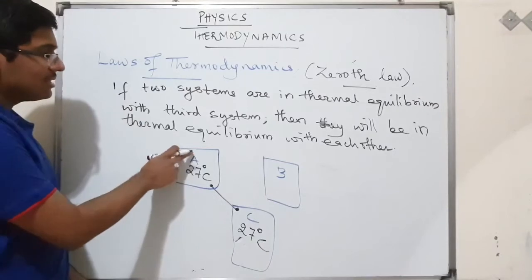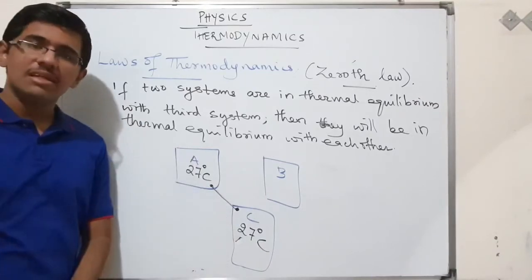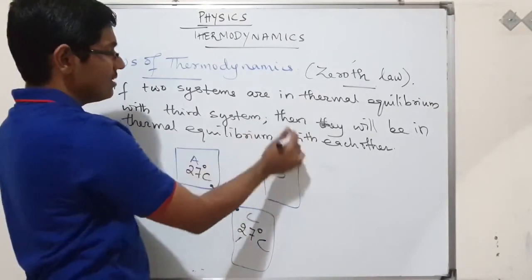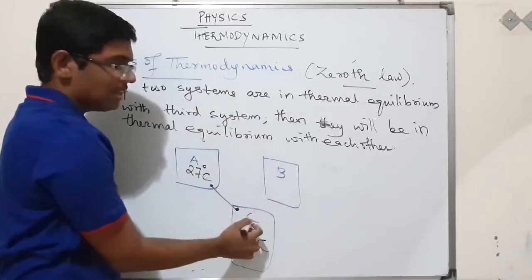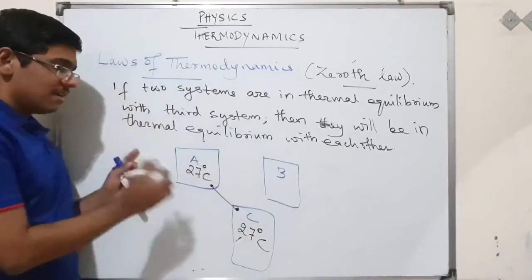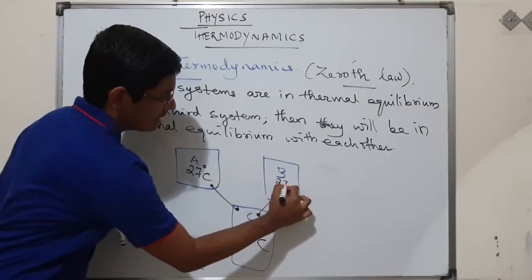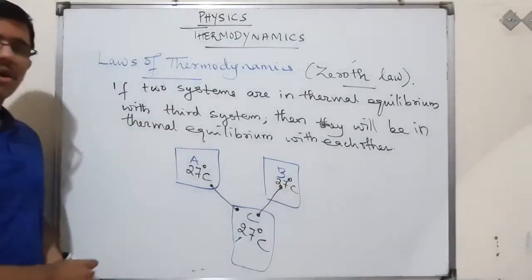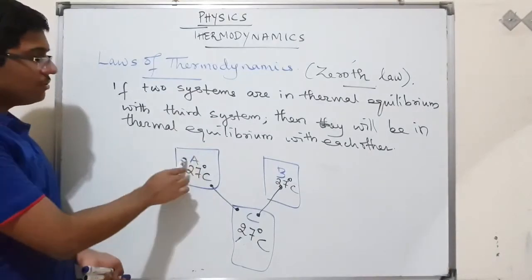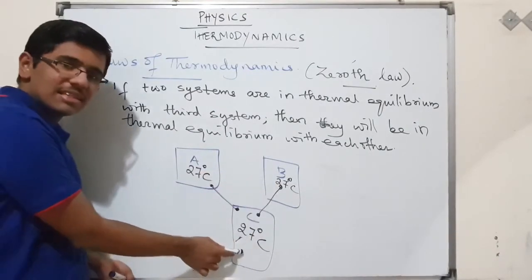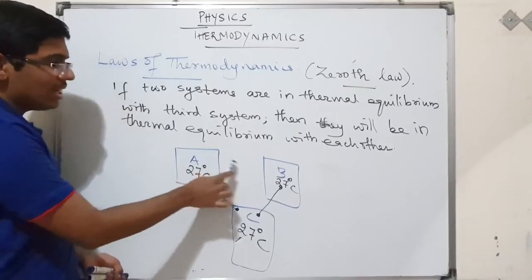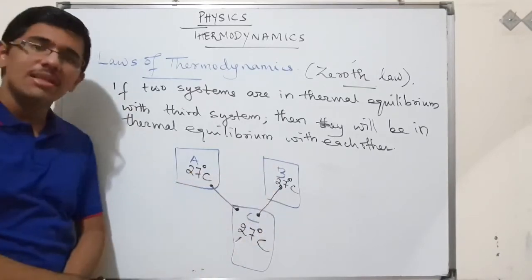So we can say system A and C are in thermal equilibrium with each other, and B and C also are in thermal equilibrium. This also becomes 27 degrees Celsius. So what is the meaning of the statement? If two systems are in thermal equilibrium with the third system, then the two systems are also in thermal equilibrium with each other.